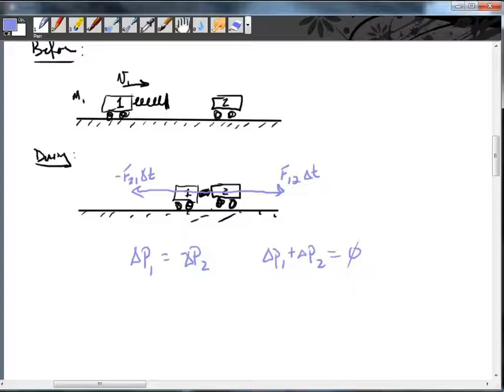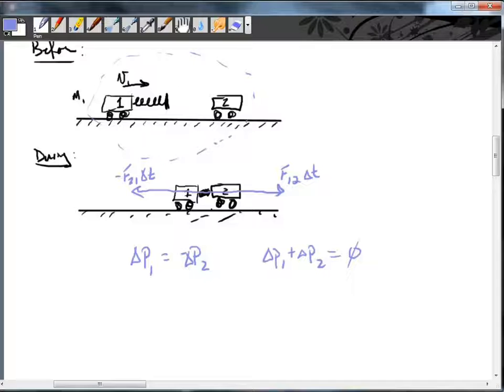Now, mind you, if this is our system right here, there are no external forces acting on this system. It's all internal stuff. It's all gravity working on these guys. The spring is a conservative force within the system. There's no friction. So the entire system has no change in momentum.